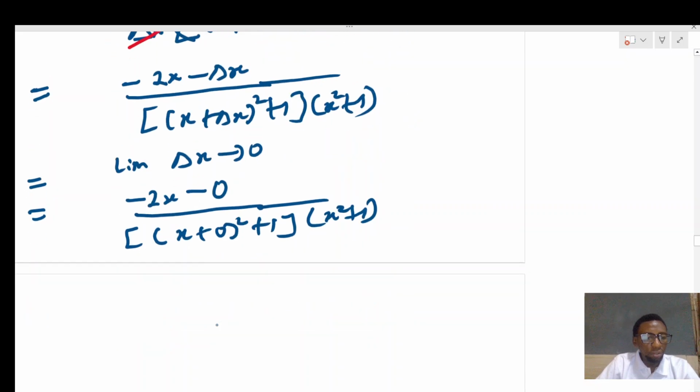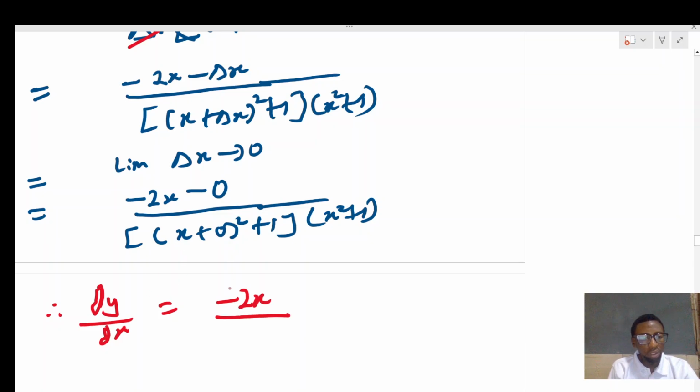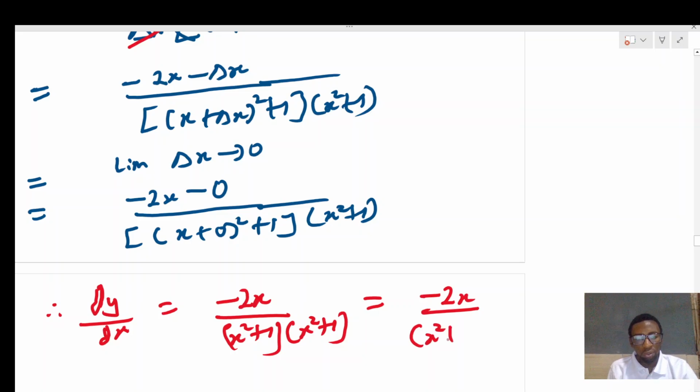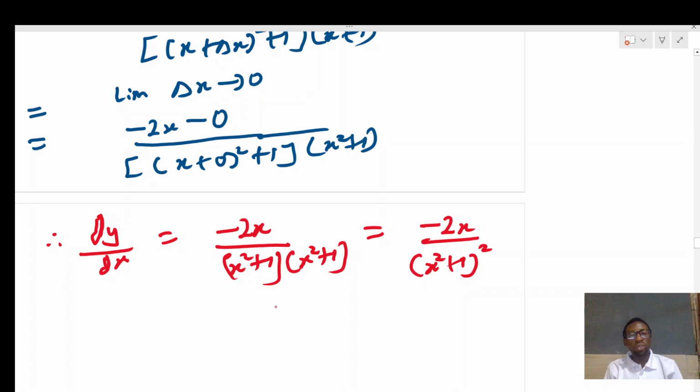So my final answer here is dy/dx equals minus 2x over x squared plus 1 squared. Or you can say your answer is minus 2x times x squared plus 1 to the power minus 2. Stop there. So this is the answer.